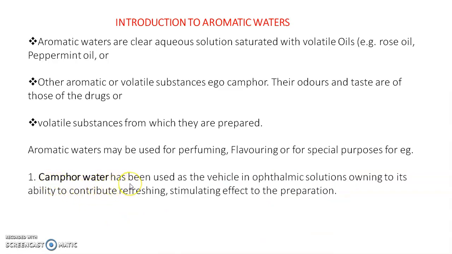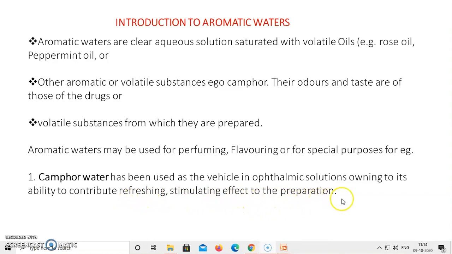Camphor water has been used as the vehicle in the ophthalmic solutions owing to its ability to contribute the refreshing, stimulating effect to the preparations. These are the camphor waters, mainly for the ophthalmic solutions use.